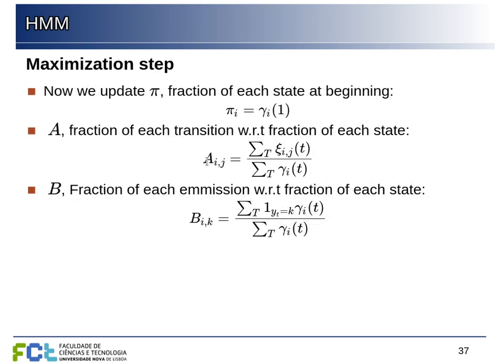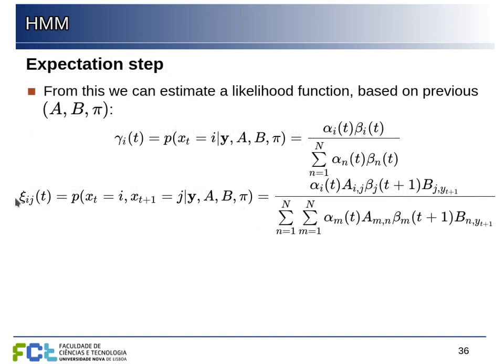So basically we are recomputing the probabilities of changing from one state to the other by summing this over the whole sequence of time steps that we have.